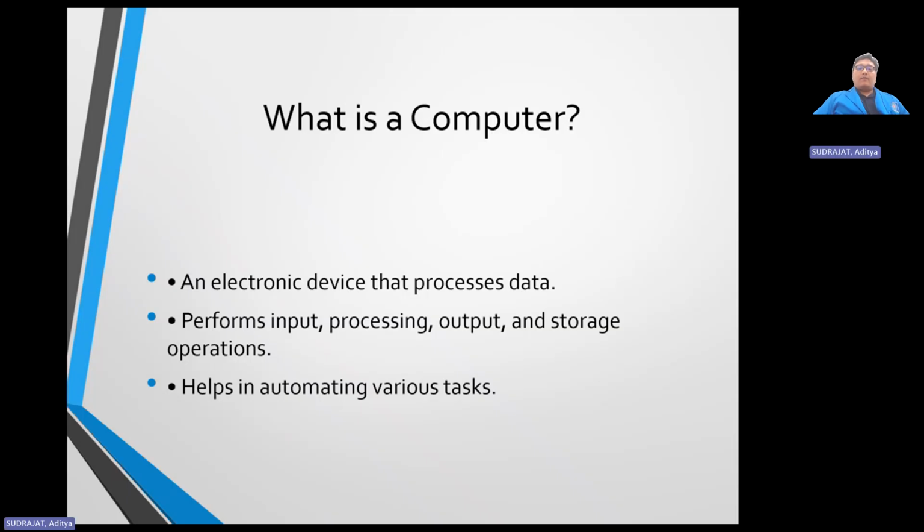It performs input, processing, output, and storage operations. The basic things in the computer are input, process, and output, but we also add storage to keep our files stored. The computer also performs automatic tasks, such as in daily work or accounting, where we use Excel to compute formulas and so on.